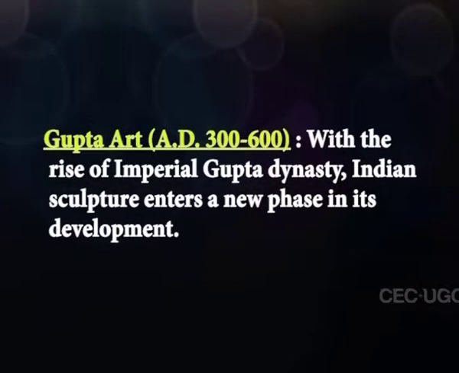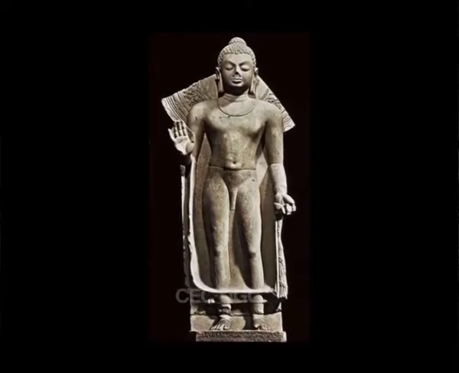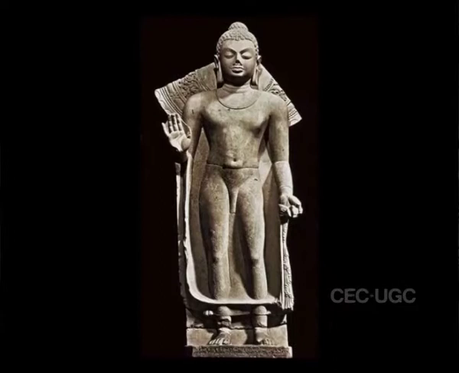Gupta art. With the rise of the imperial Gupta dynasty, Indian sculpture enters a new phase in its development. Special stress was laid on the role of Buddhism and its transformation from the stage of a sectarian monastic order with austere ideals to that of a popular religion, incorporating the characteristic features of primitive cults of the soil.